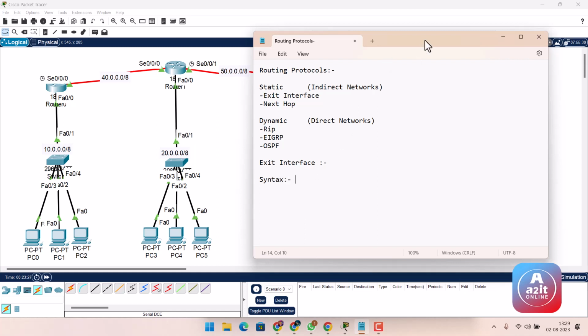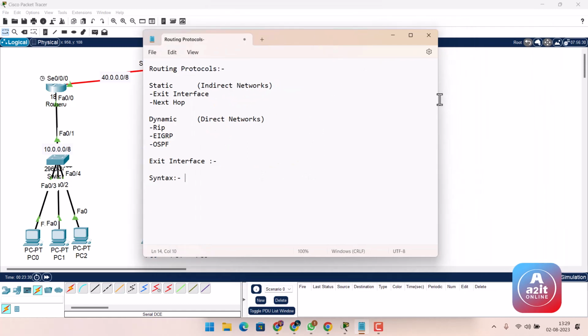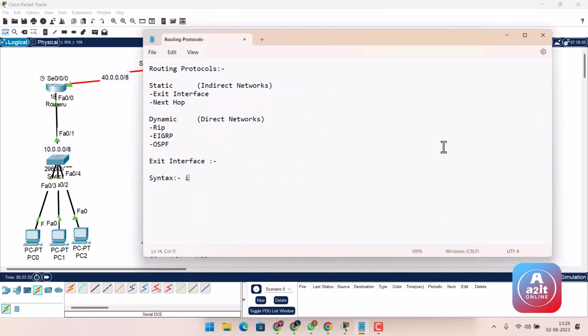We can start exit interface by adding the keyword IP route, and after this keyword we need to mention our indirect networks with their subnet mask. And to mention our indirect networks, we need to use their network IP.